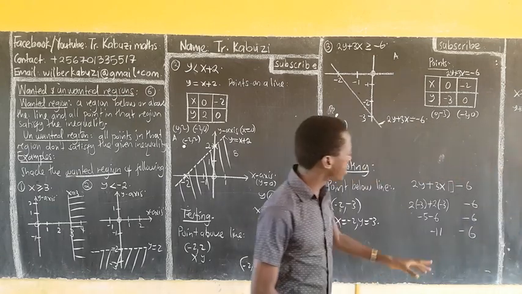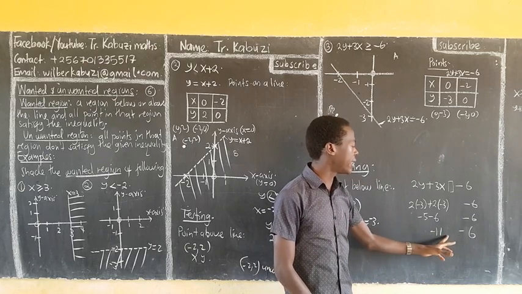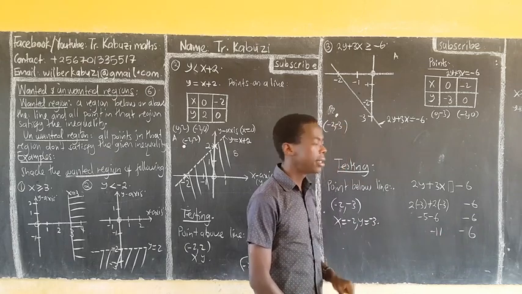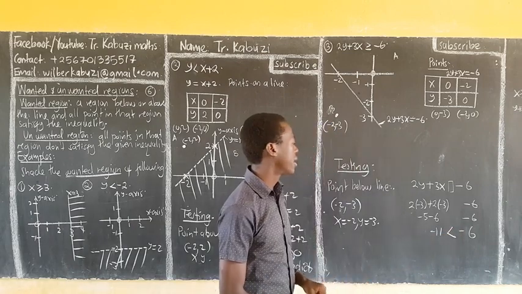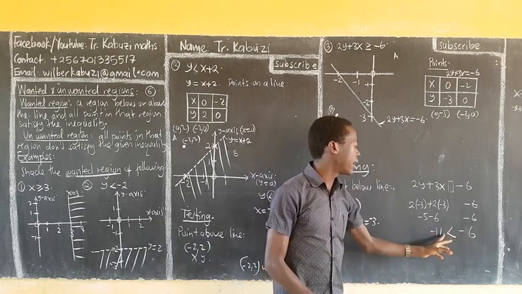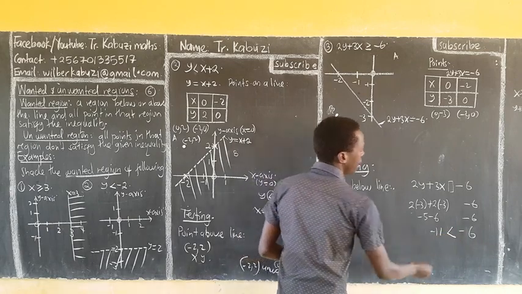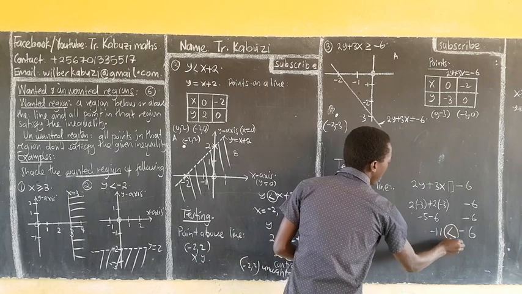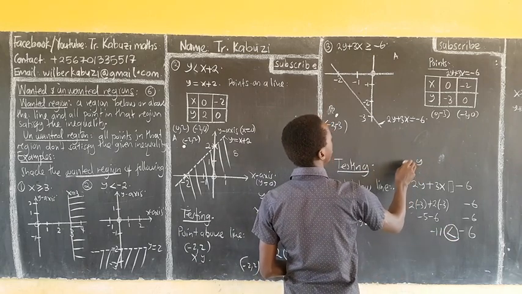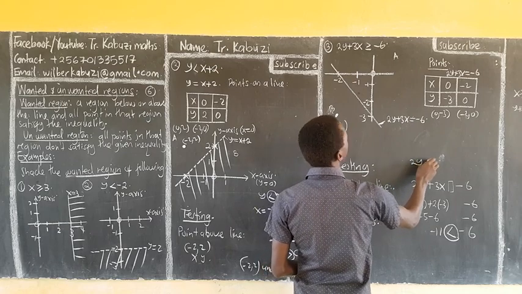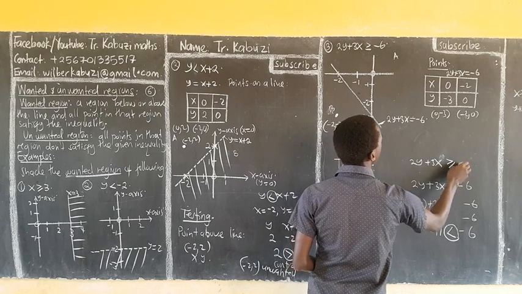Now, which sign should I put here? This negative 11 is less than negative 6. This one is less than negative 6, but our inequality is 2y plus 3x greater or equal to negative 6.